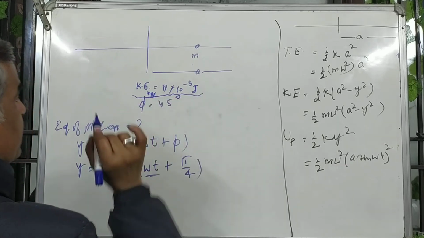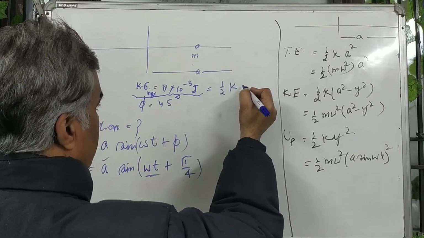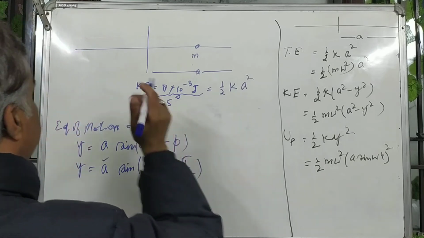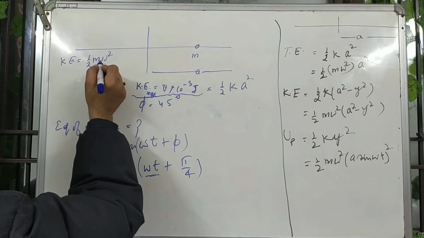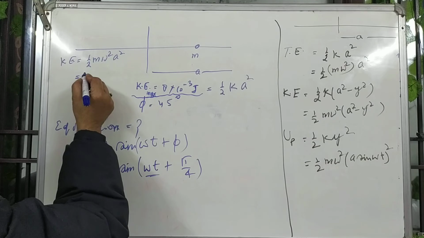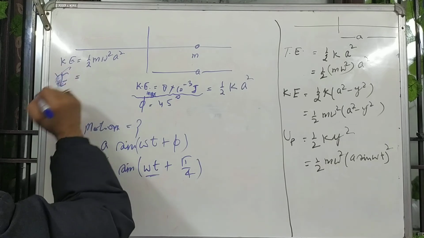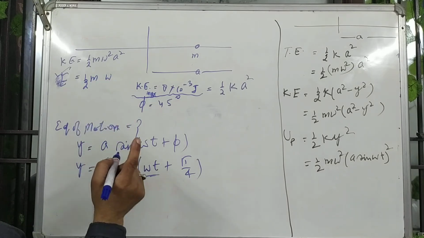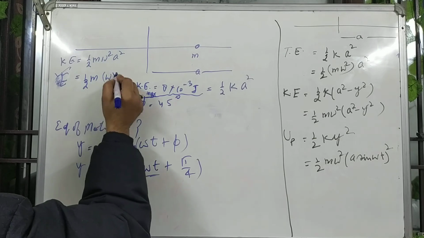So the maximum kinetic energy is equal to half k A square, that is half m omega square A square. Let kinetic energy be E. E is given, mass m is given, A is given, and omega is to be found.